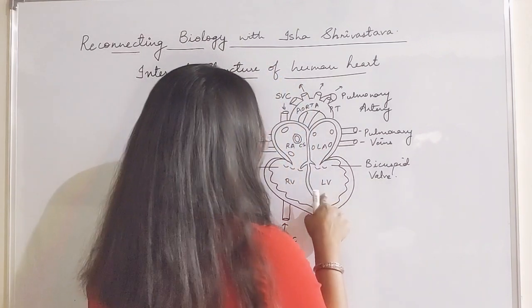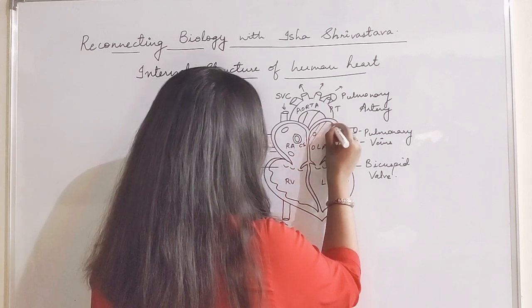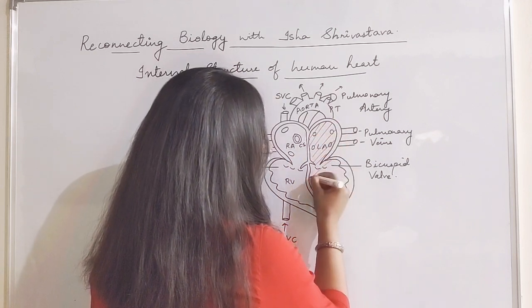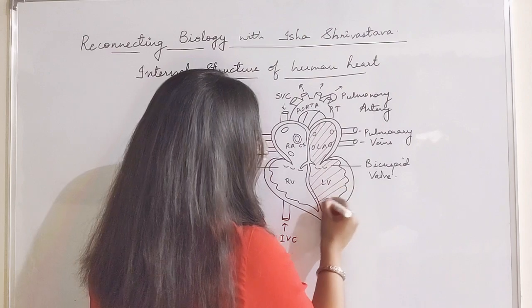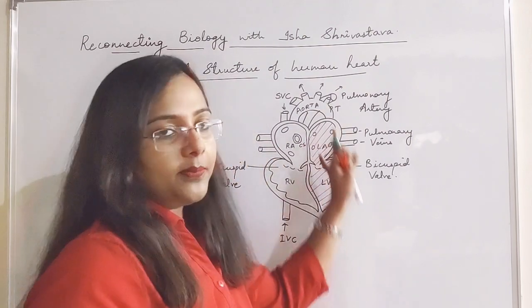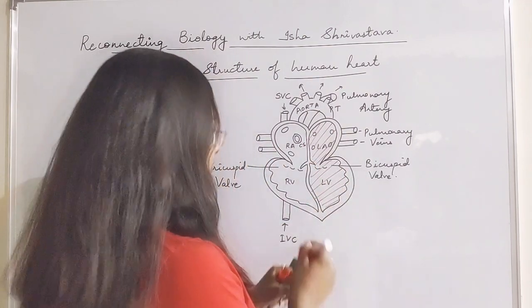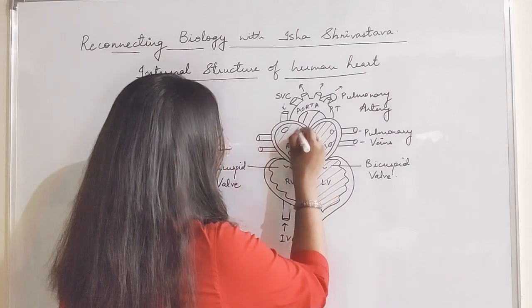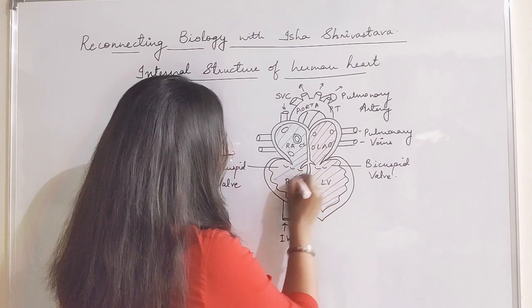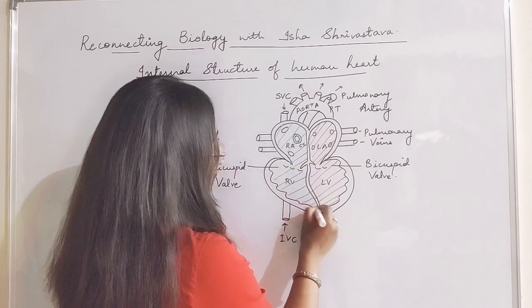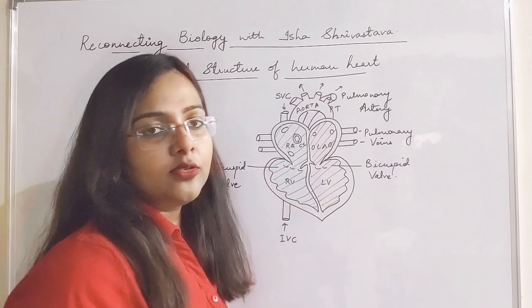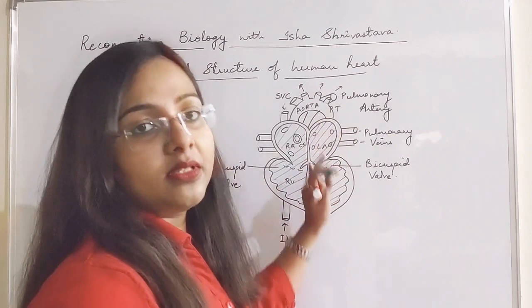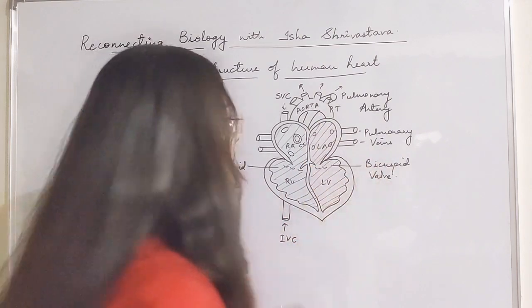The left side of the heart carries the oxygenated blood, which is very rich in oxygen, so it looks more red in color. While this part appears darker in color because it carries the deoxygenated blood. So here I have labeled it with the green and here I have shown it with red.